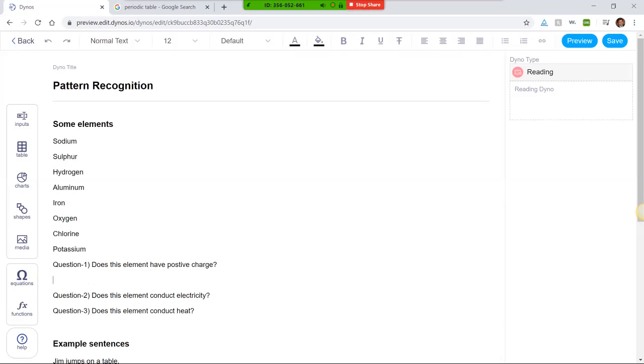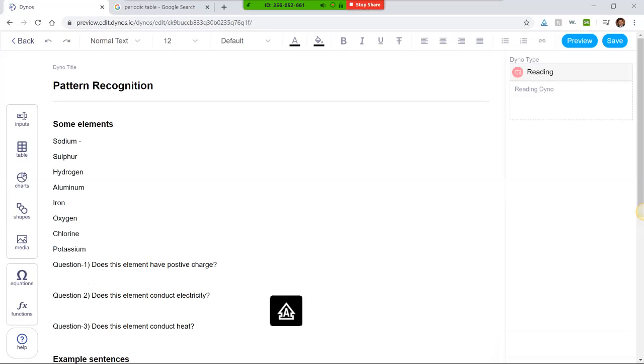So for question 1, you're trying to come up with a pattern, right? So what's your answer for question 1? I'm going to say Q1, Q2, Q3 here. So sodium, do you know if it has positive or negative charge?